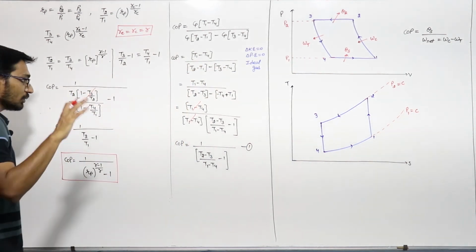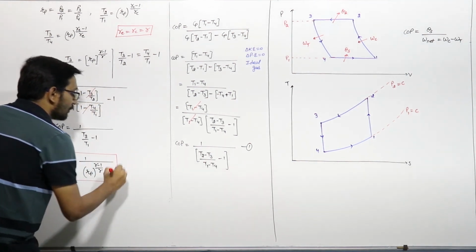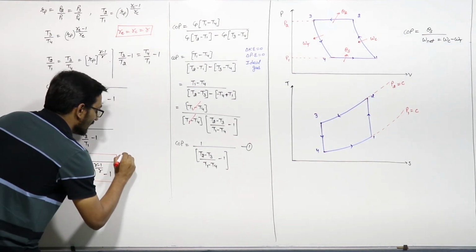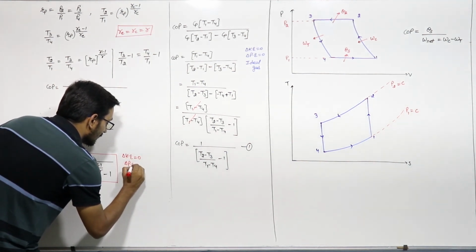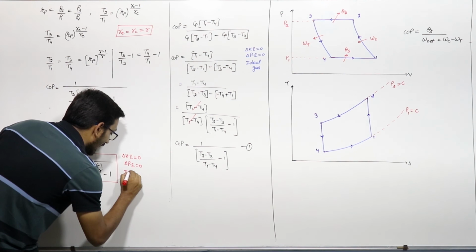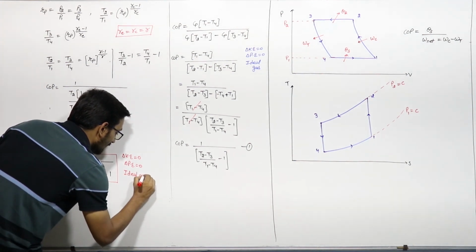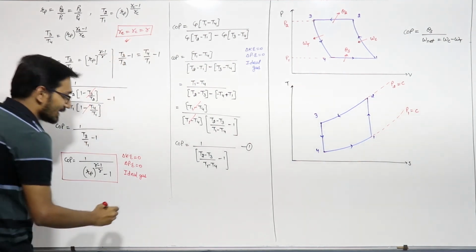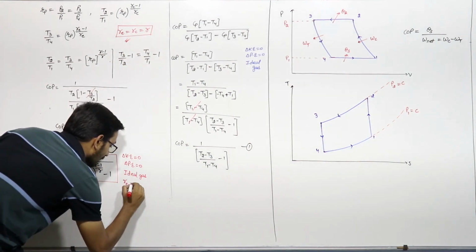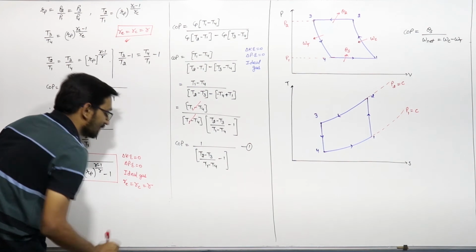But again, if you want, then you have to remember the assumptions. The assumptions are changes in kinetic energy 0, changes in potential energy 0, ideal gas. These three are the previous assumptions. And one more assumption is that gamma of compression and expansion are the same.